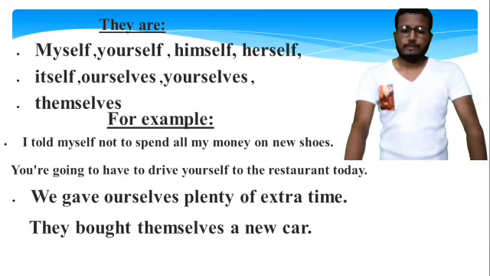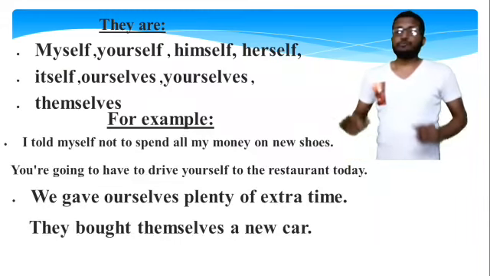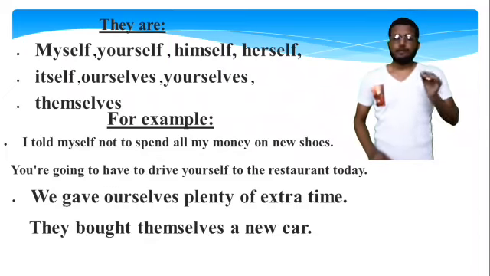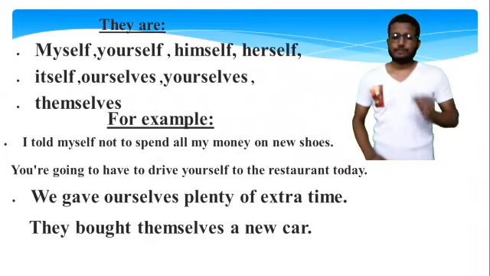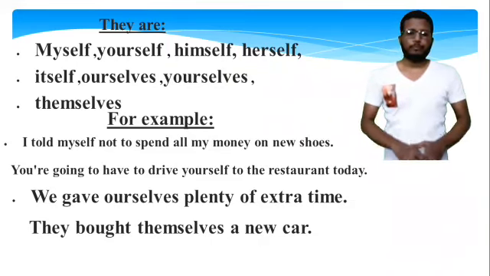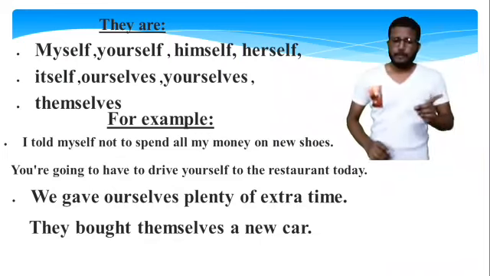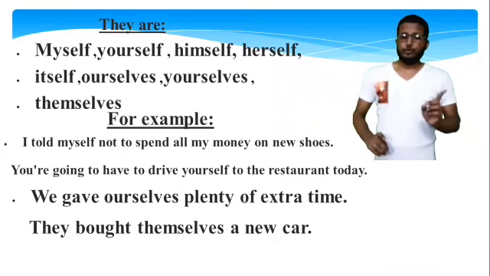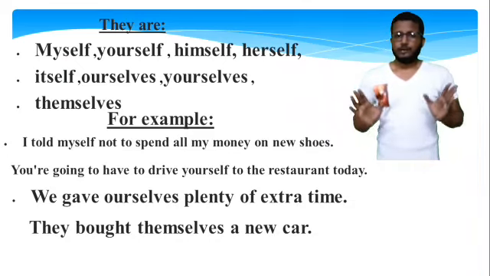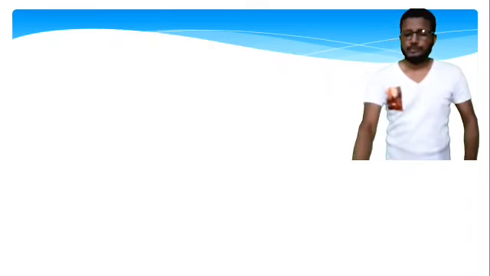They bought themselves a new car. In these four examples, you can see the self words: myself, yourself, ourselves, themselves. These four words are examples of reflexive pronouns. Myself for I, yourself for you, ourselves for we, themselves for they. So these words are interrelated.